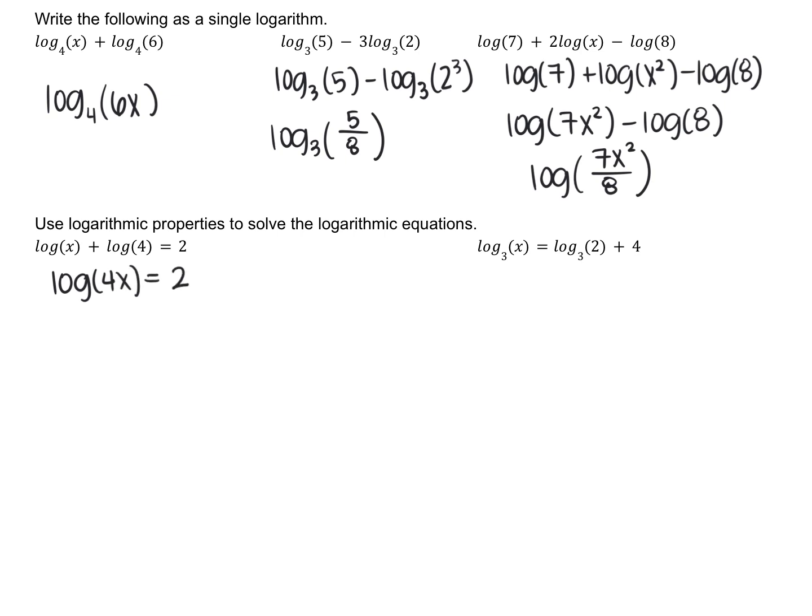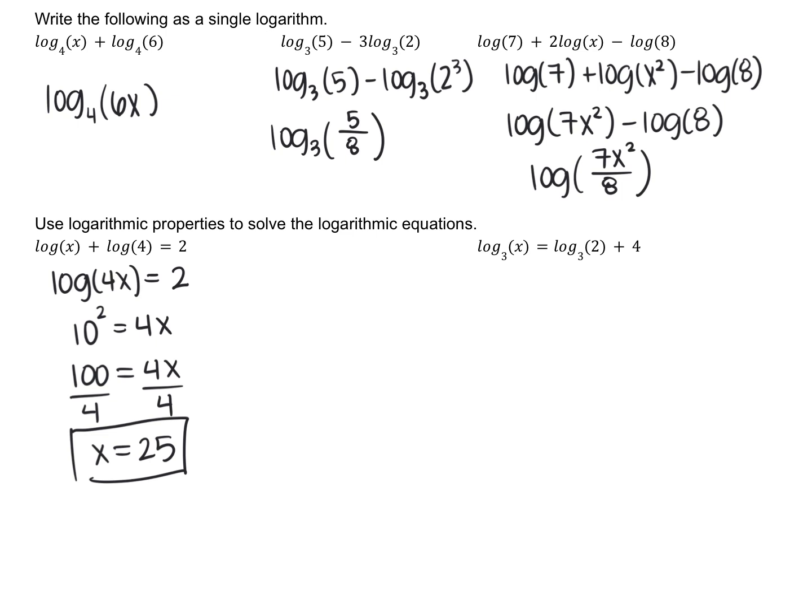Now we are going to rewrite it in exponential form, which means I need to know the base of my logarithm. Anytime the base isn't written, it's base 10. So we're going to have 10 squared equals 4x. 10 squared is 100, so 100 equals 4x. Divide by 4, and x is 25.